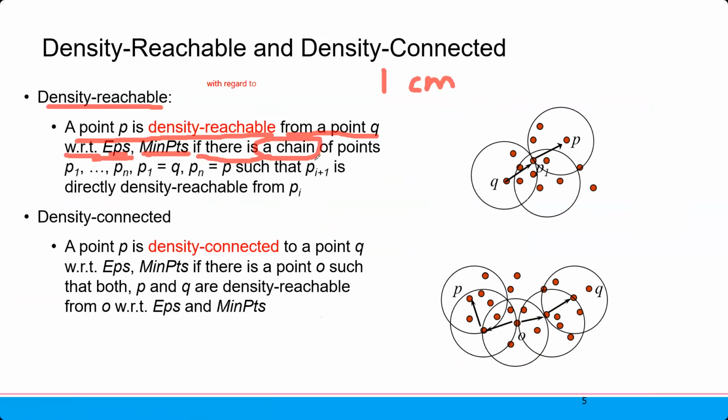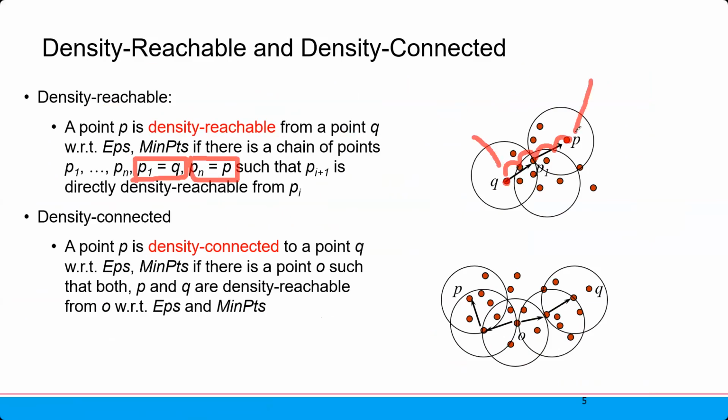a chain of points P1, P2, P3 until Pn, such that P1 is Q and Pn is P. So it means I can have a chain to connect from this Q to this P. Then we call this density reachable.